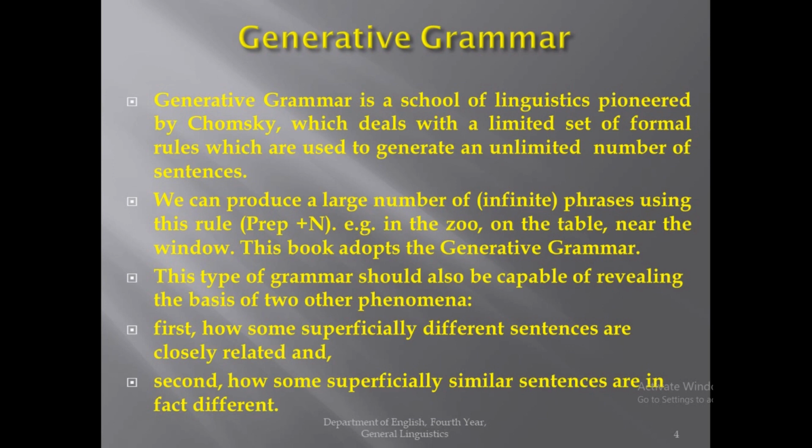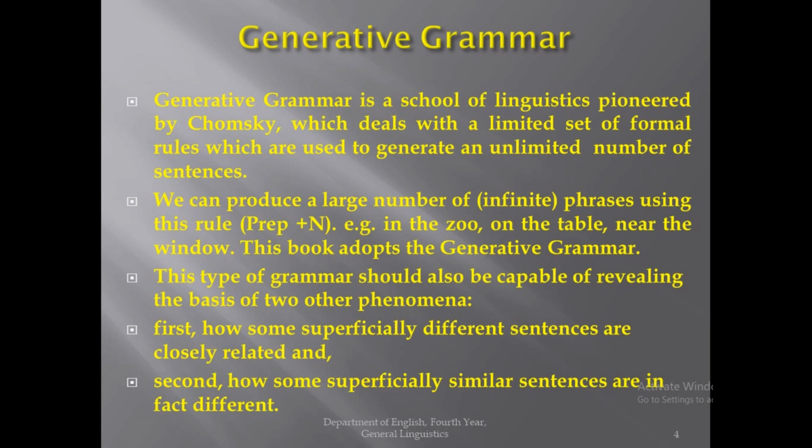This book, I mean your textbook by George Yule, adopts generative grammar in terms of analyzing phrases and sentences according to syntactic structures. Yes, this grammar is successful at the analysis of syntactic structures, but it is also confronted with several criticisms.